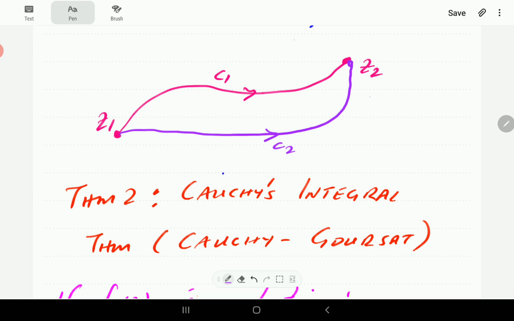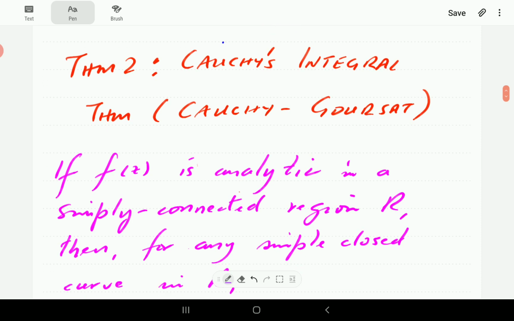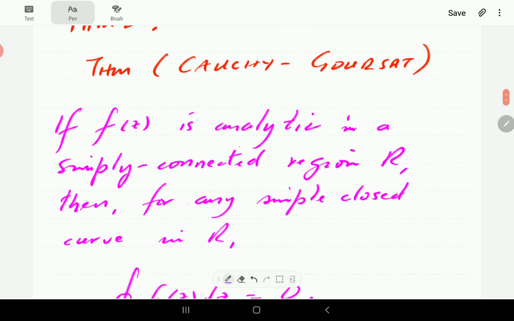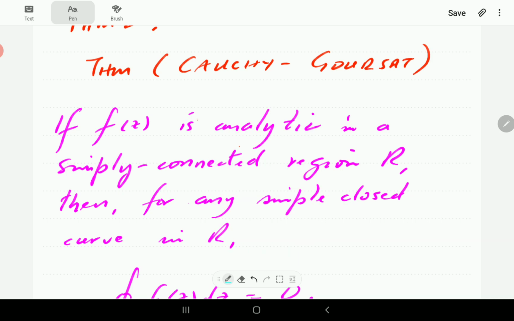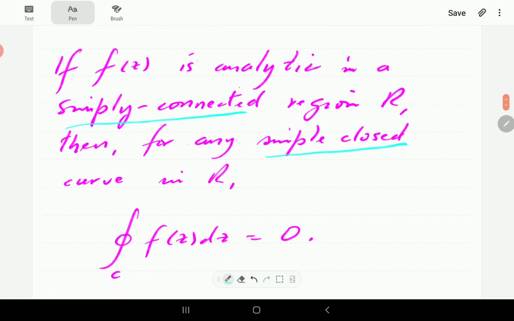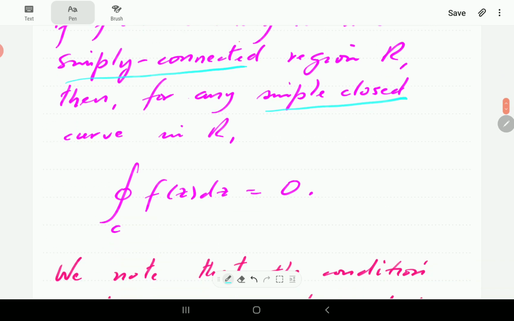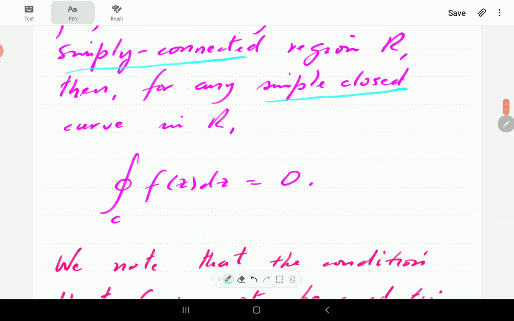It is also called Cauchy-Goursat, because Goursat was involved in part of the proving of the theorem. So this one says if F is analytic in a simply connected region, we are going to explain what this means in a moment, so our region R is simply connected, for any simple closed contour C in R, then the integral around C of F is always going to be 0.